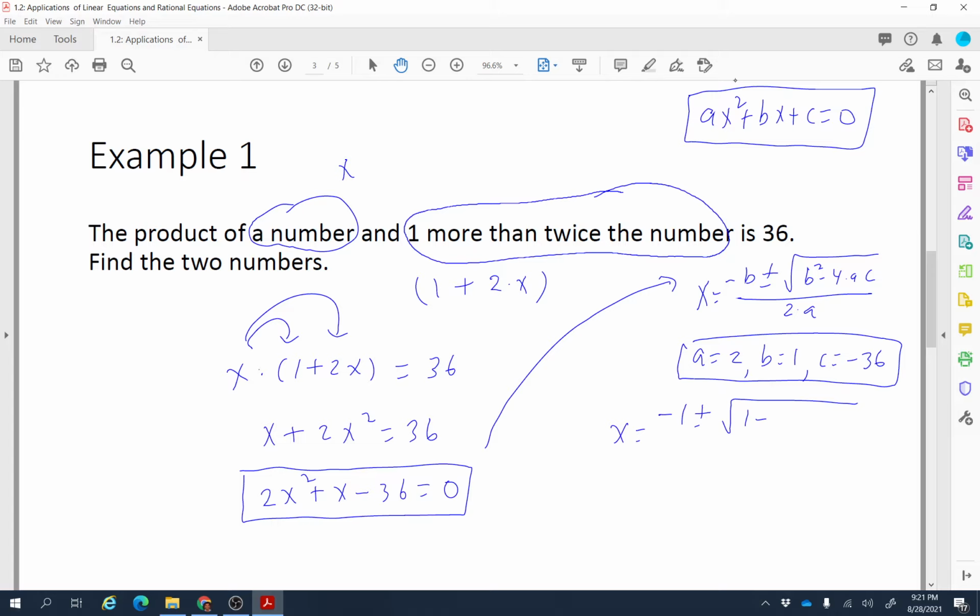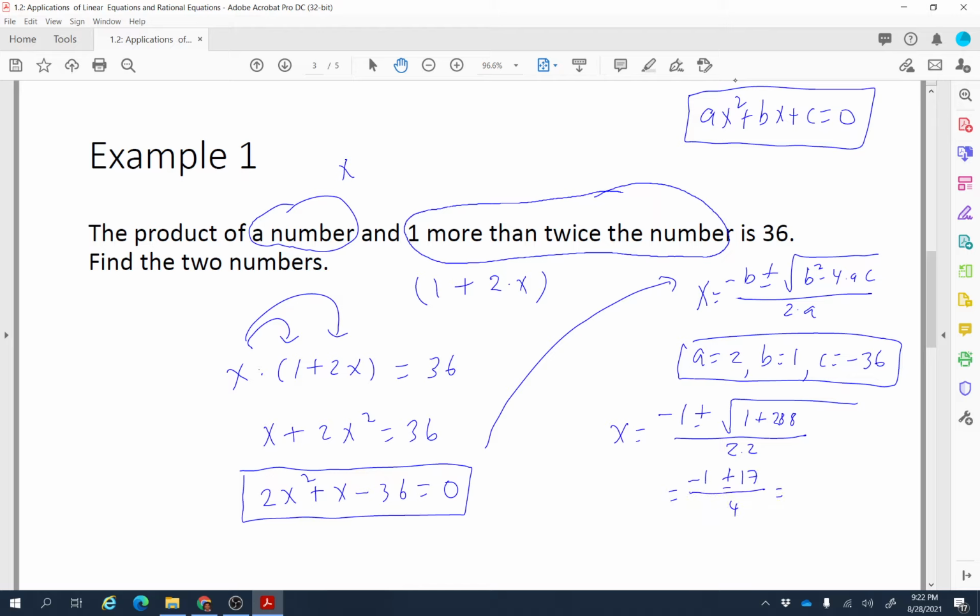Because c is negative, it will eventually be plus 288. 4 times 36 times 2 is 288. Divided by 2 times a, which is 2 times 2, is 4. If you simplify this one, it is 17 divided by 4.